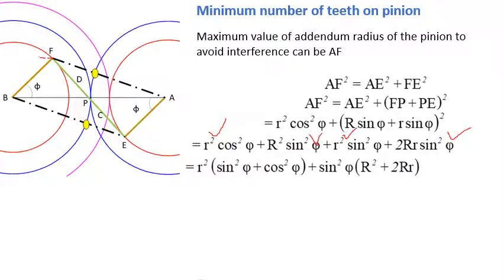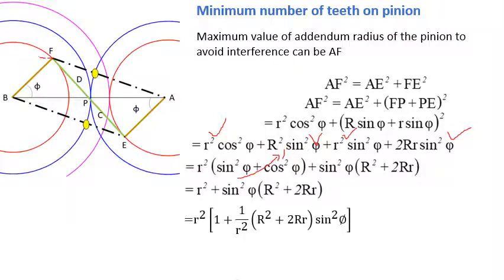Remaining terms are capital R square plus 2 times capital R into small r. So this becomes 1, sin square phi plus cos square phi. Therefore r square plus sin square phi into R square plus 2 times capital R into small r.